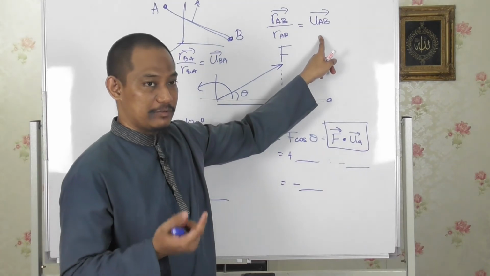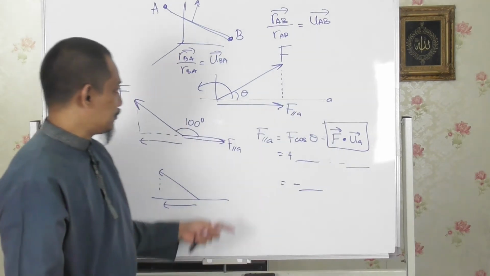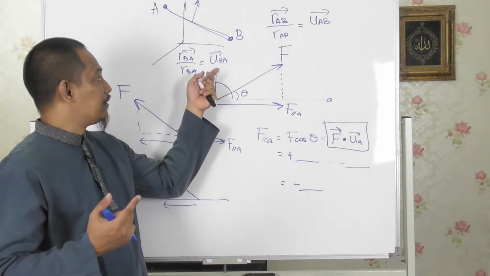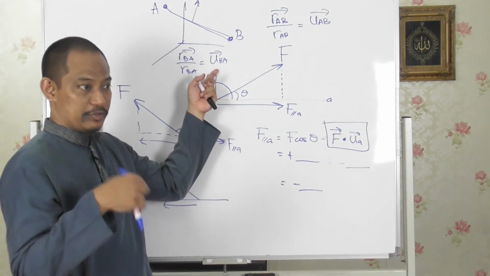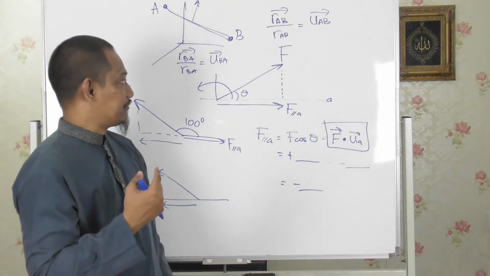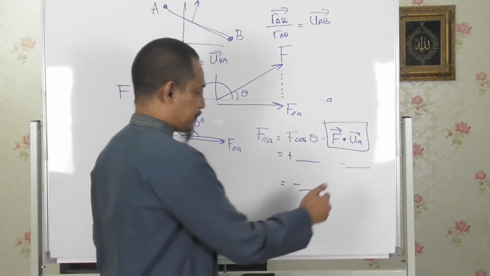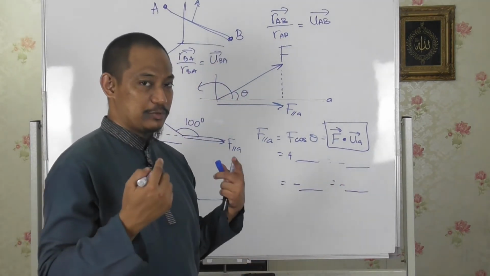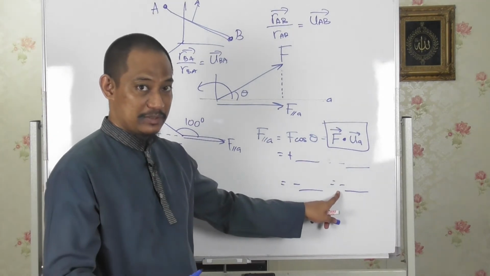When you get negative, then actually it's the other way around, it's BA. If you use the unit vector of BA, you are assuming it's in the direction from B to A. If you get positive, it's correct, from B to A. When it's negative, it's actually A to B. So if you get a negative value here, you should be able to tell what it means based on the assumption.